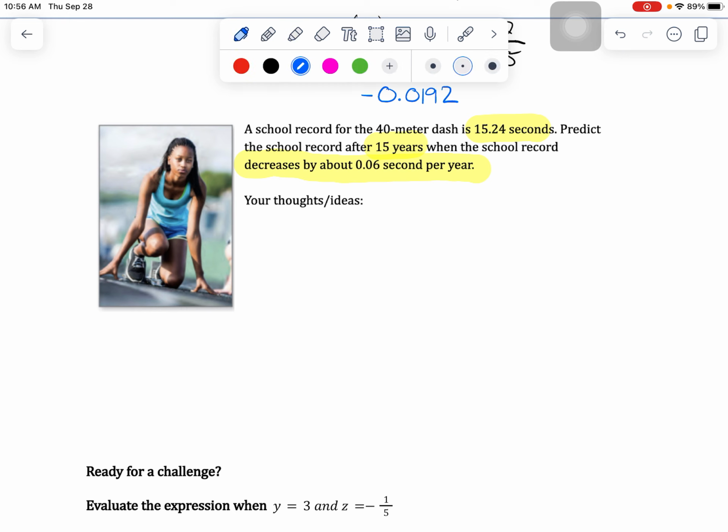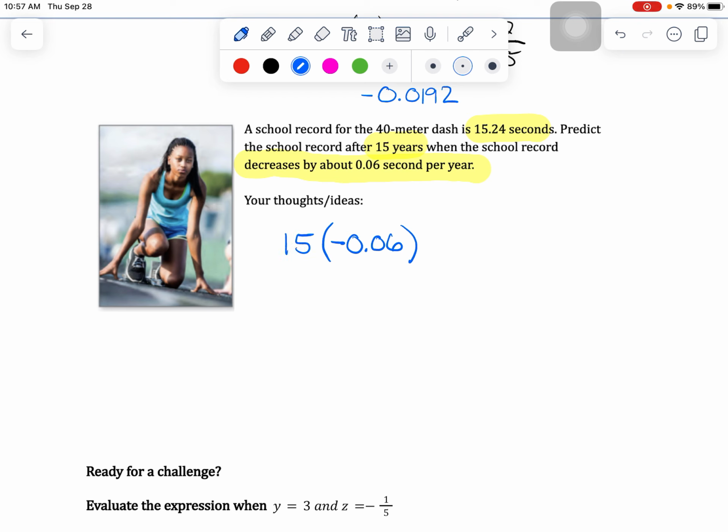All right, so if I were looking at this one and I know that my time is going down each year, I know that that 0.06 is going to be a negative 0.06, right? If it's decreasing, it's going down. If that happens each year for 15 years, I know that I need to multiply that by 15.